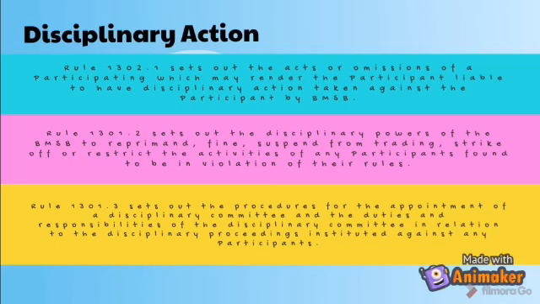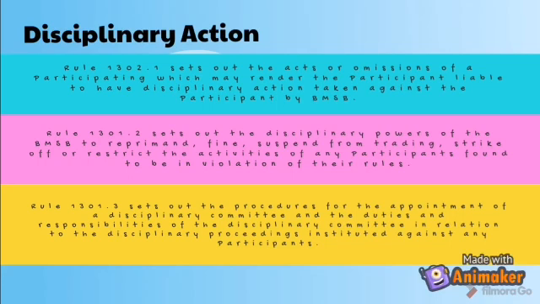In addition, disciplinary action. First, Rule 1302.1 sets out the acts or omissions of a participant which may render the participant liable to have disciplinary action taken against the participant by BMSB. Second, Rule 1301.2 sets out the disciplinary powers of BMSB to reprimand, fine, suspend from trading, strike off or restrict the activities of any participants found to be in violation of their rules.